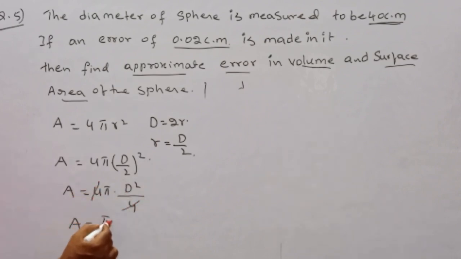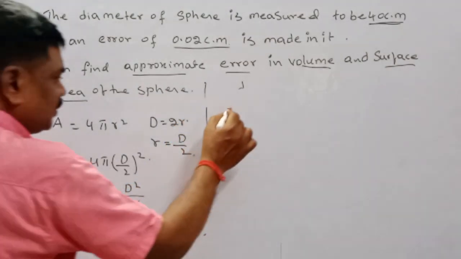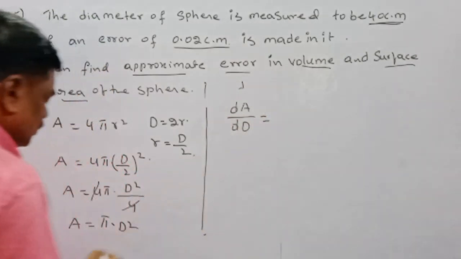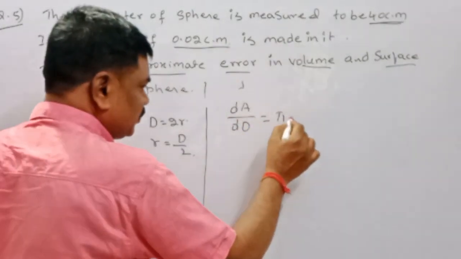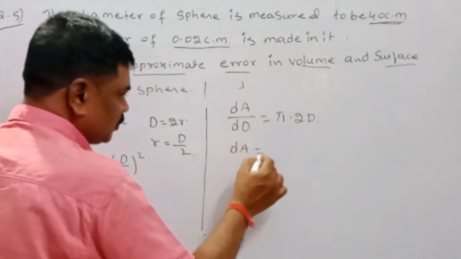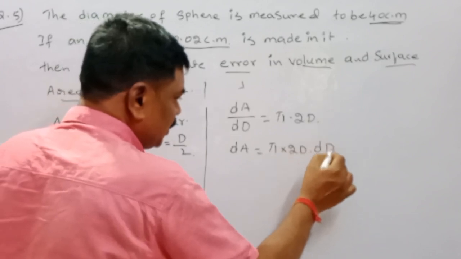A is equal to pi into D square. Okay, all of you. Then dA by dD is equal to pi into 2D. Then dA is equal to pi into 2D into the error in D.